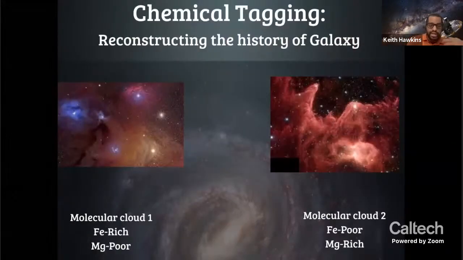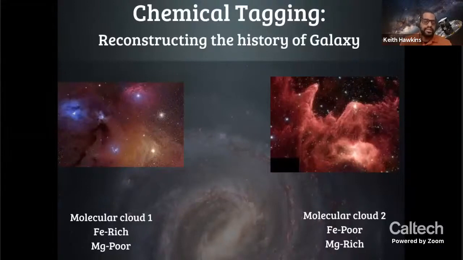The idea of chemical tagging came around in the early 2000s from Bland-Hawthorne and Freeman, 2002, I think. And the idea is pretty simple. Imagine that you have these two gas clouds forming stars, separated in different regions of the galaxy. One molecular cloud is iron rich and the other one is iron poor.